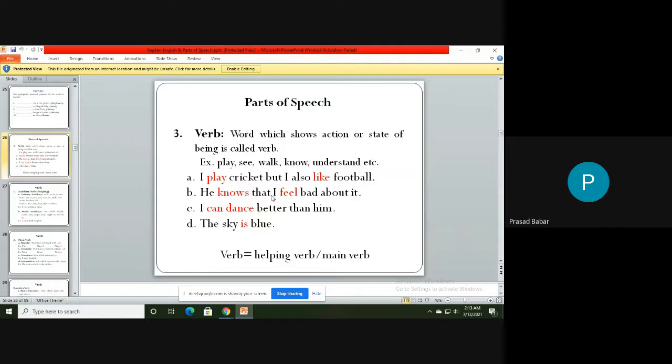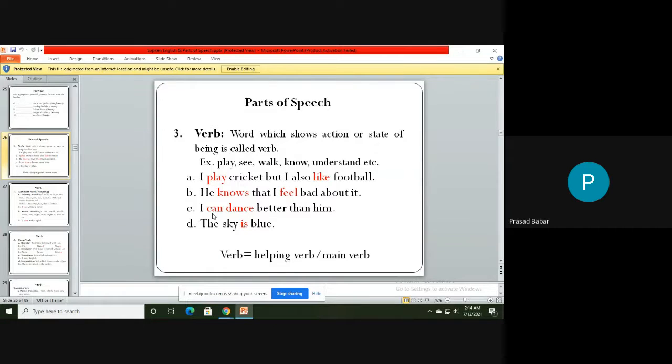He knows that I feel bad about it. If we translate it into Marathi, we can say: त्याला समजलं की मला खूप वाईट वाटलं. Okay, so here two verbs are used in this sentence.